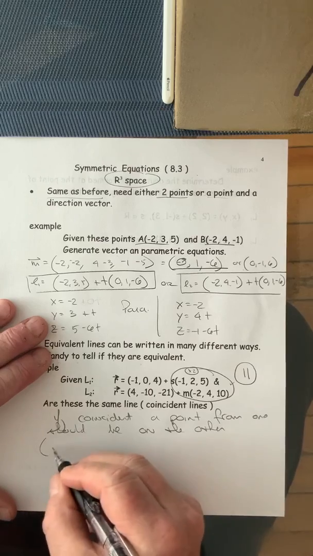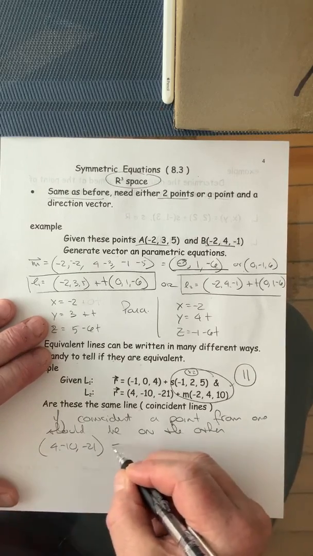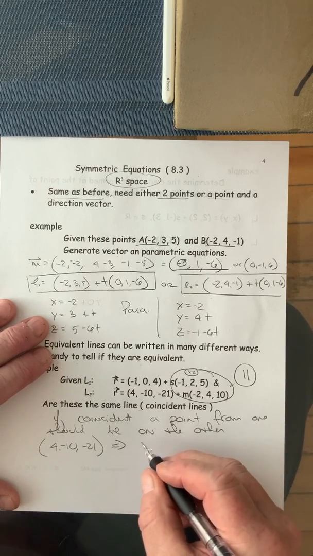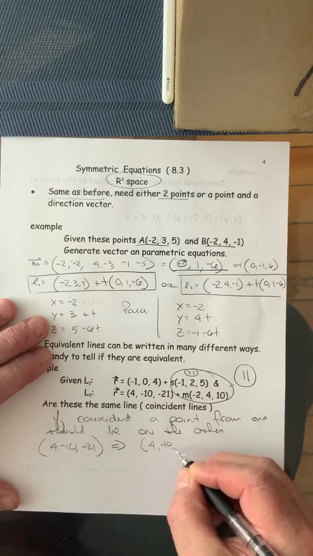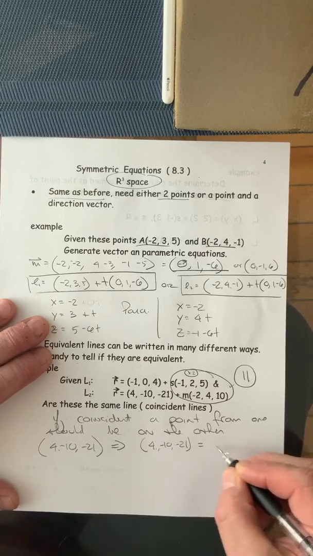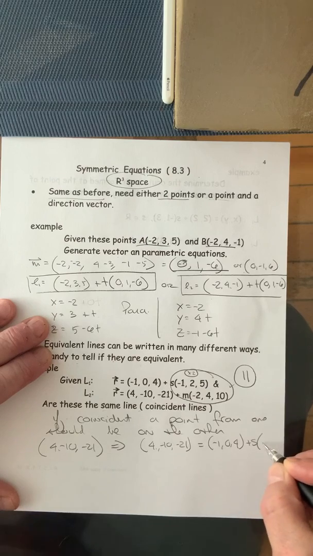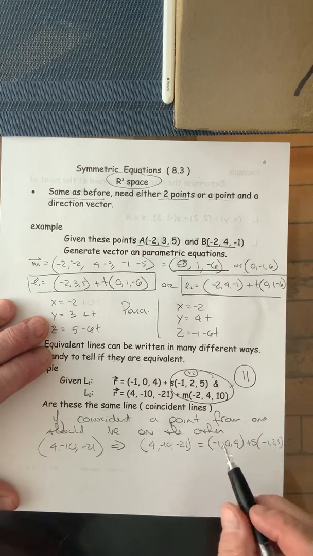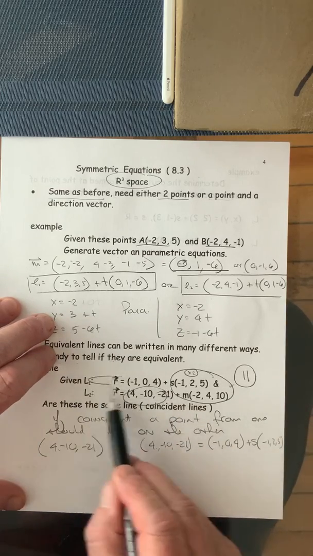So let's take the point (4, -10, -21), and plug it into the first one. Replace the letter r. So I would get (4, -10, -21) should equal (-1, 0, 4) plus s(-1, 2, 5). Hopefully I'm copying it down right. So this point here should be able to go there.